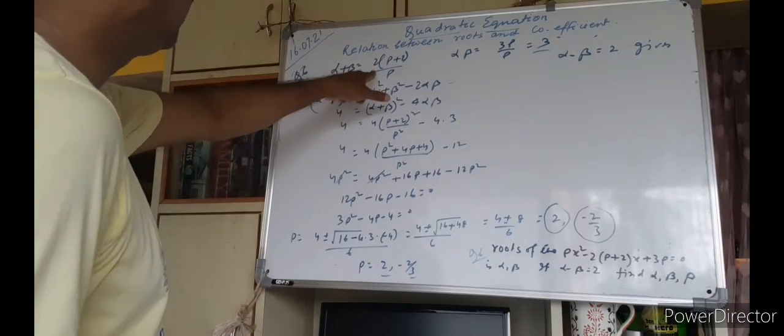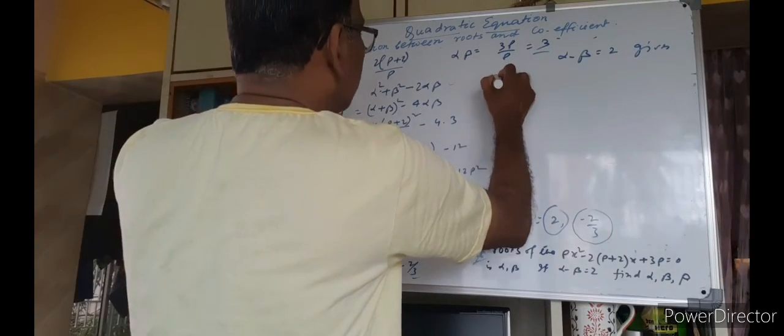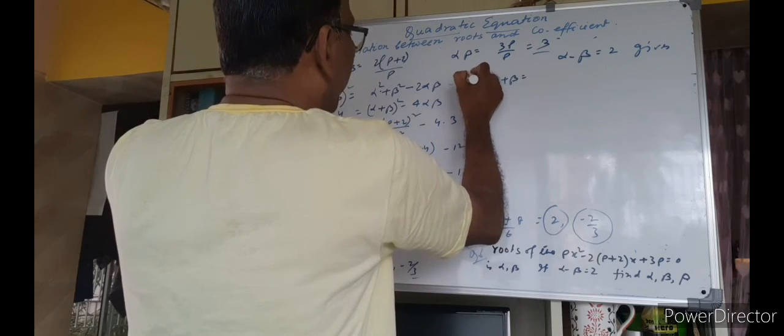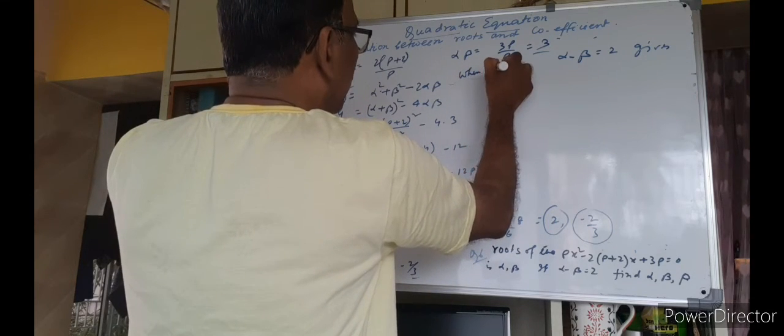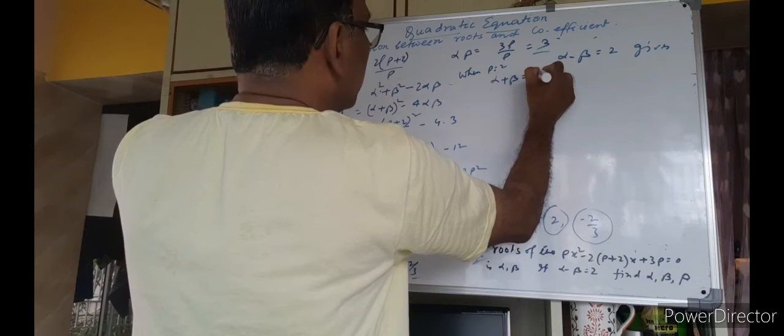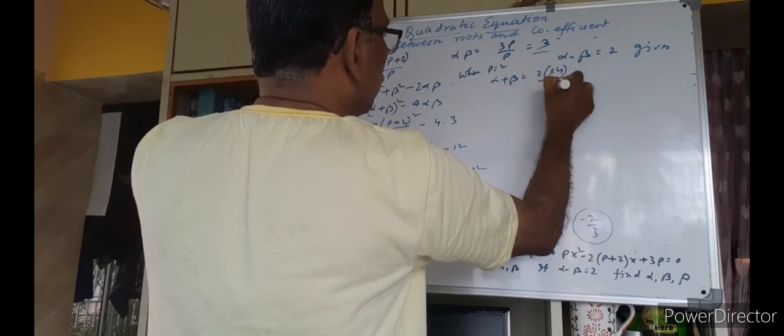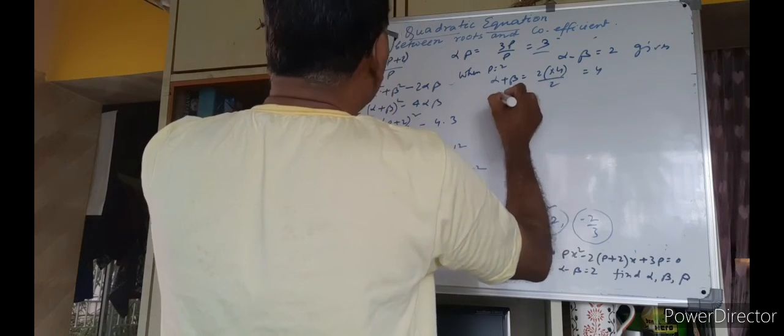Putting the value of p here, we can get alpha plus beta. When p equals 2, alpha plus beta is 2 into 4 by 2, that is 4.